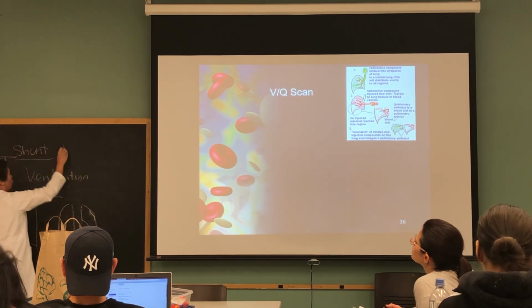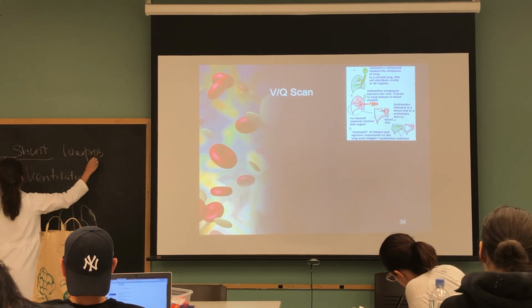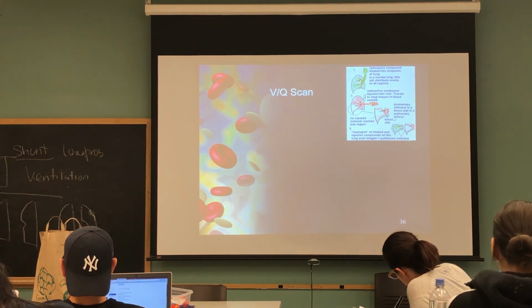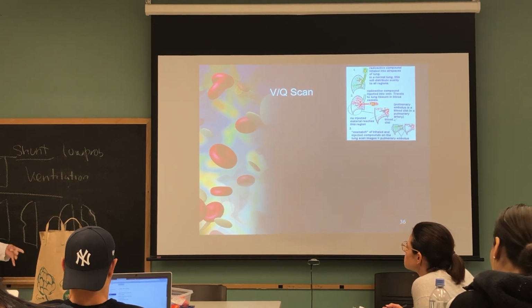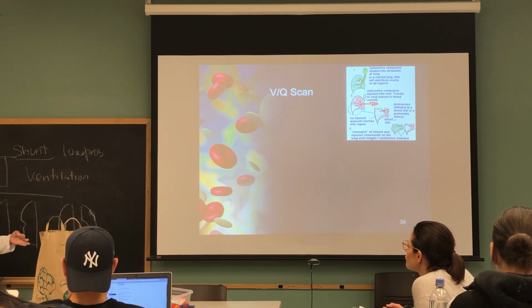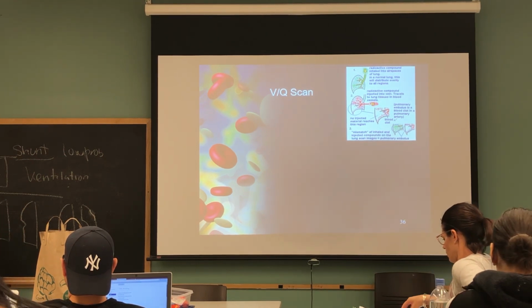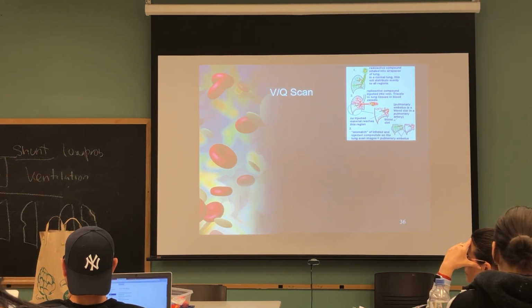That means low probability. If you have ventilation affected, it could be COPD, asthma, pneumonia, pleural effusion, anything in the lung, but not in the vessels. Do you understand? Okay?